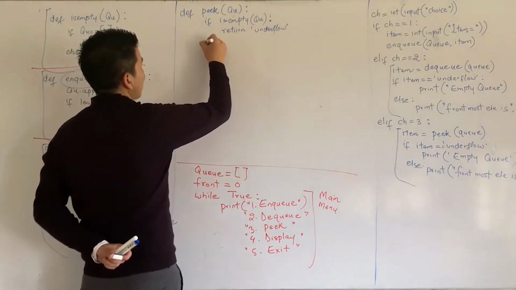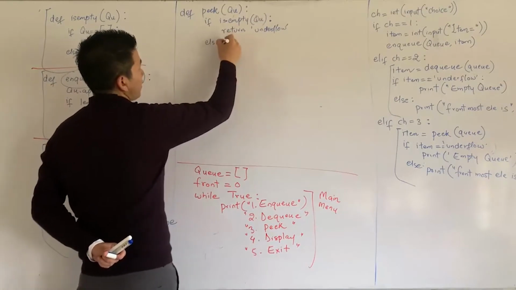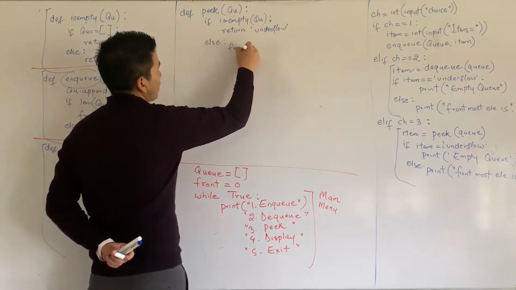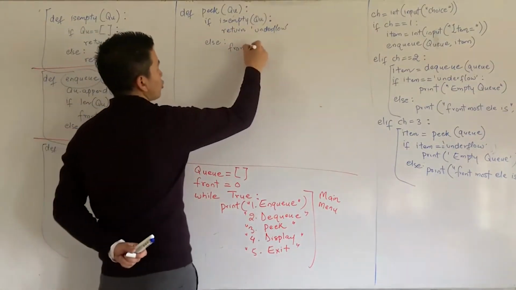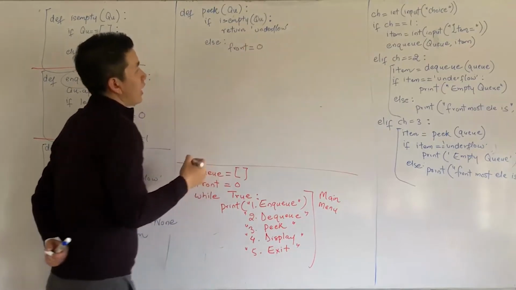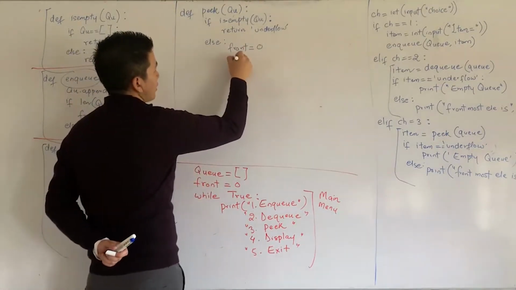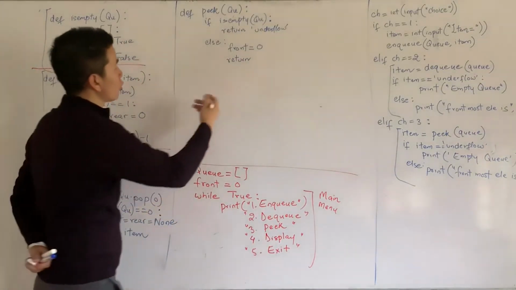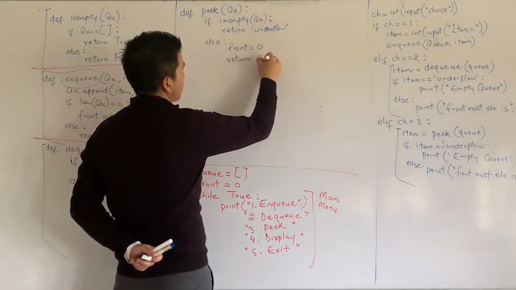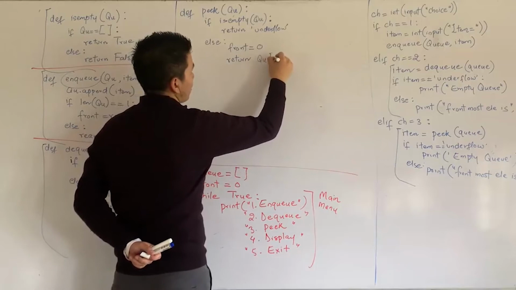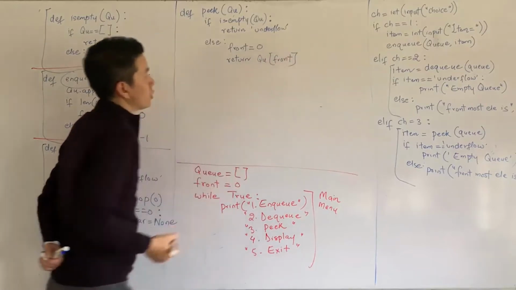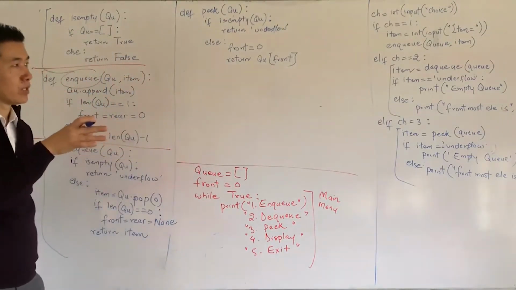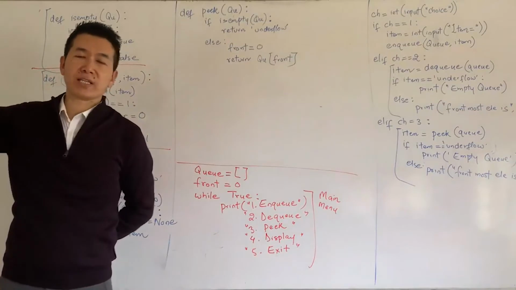And then otherwise, if it's not, why don't you set the value of front is equal to 0, and then return the first element in the queue. How do you do this? Return the name of the list is Q, and then you have here front. So this is another way to just inspect the element which sits first in the queue.